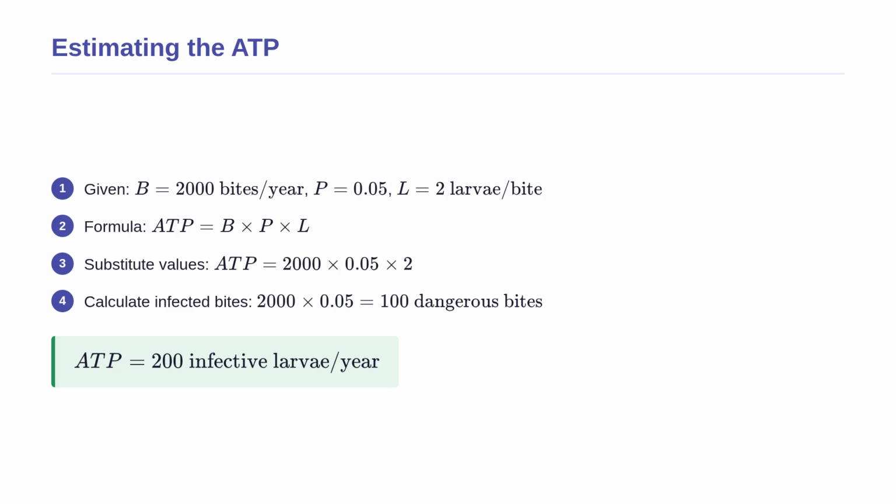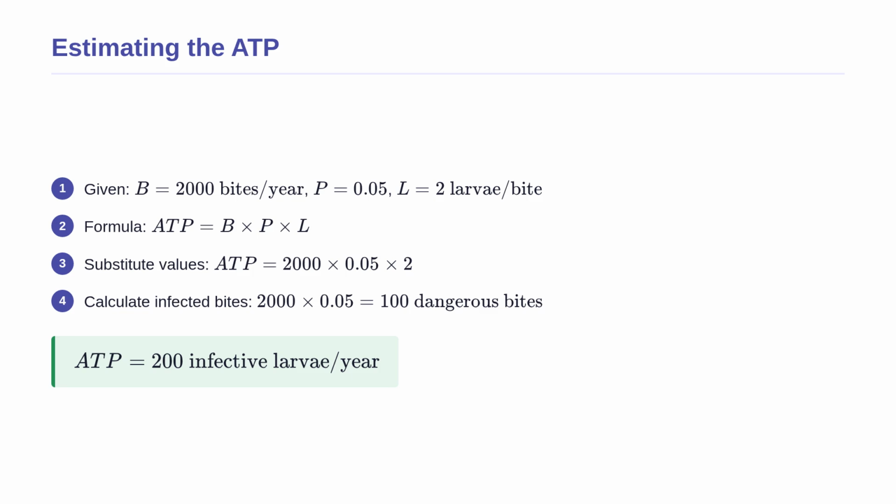Let us apply this formula to a real-world scenario. Suppose a person receives 2,000 mosquito bites per year. Field studies show 5% of mosquitoes are infective, so P is 0.05, and each transmits an average of 2 larvae. We want to find the ATP. We substitute our values into the formula, 2,000 × 0.05 × 2.